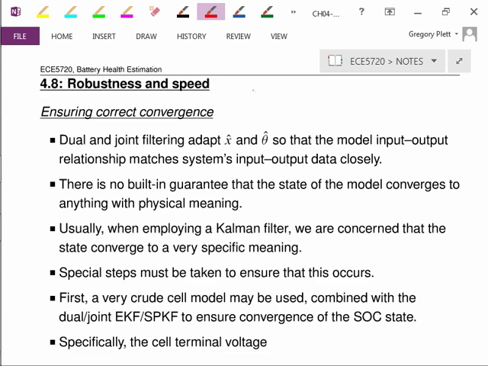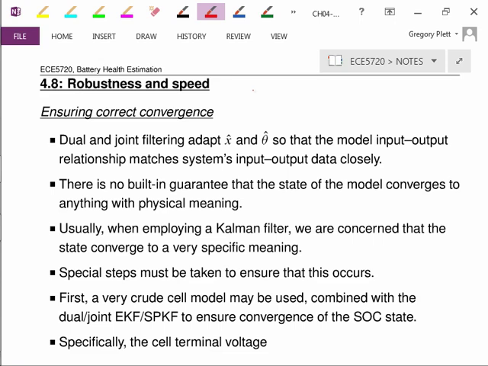But before we leave this section on EKF or SPKF for capacity and resistance estimation, I need to talk a little bit about robustness of the method and speed or computational complexity of the method, because these are really important when we're implementing something in a small processor, in an embedded application where we don't have a lot of supervisory control over what's actually happening.